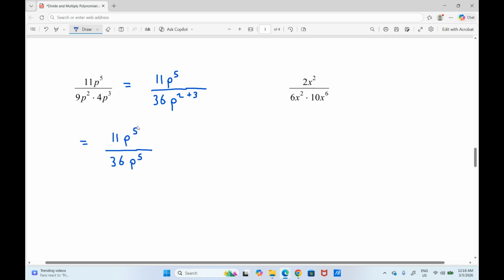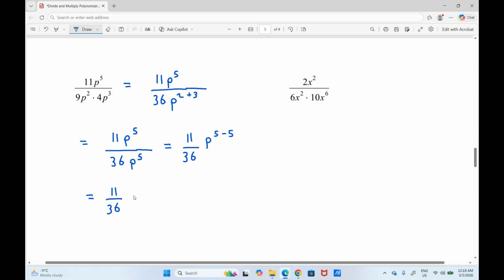Now, because these are the same exponents, I'm going to try to simplify my numbers. 11 divided by 36, I can't simplify any further, so I just leave it. Because I'm dividing now and I have the same base, I can just subtract my exponents. 5 minus 5 is 0.